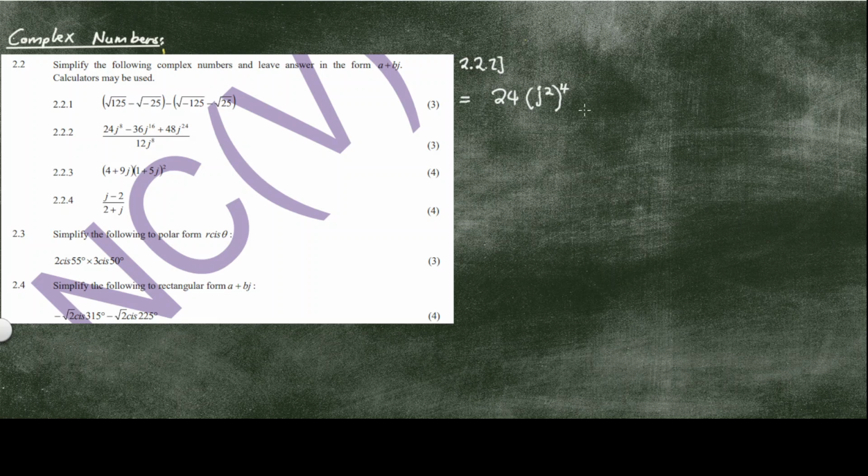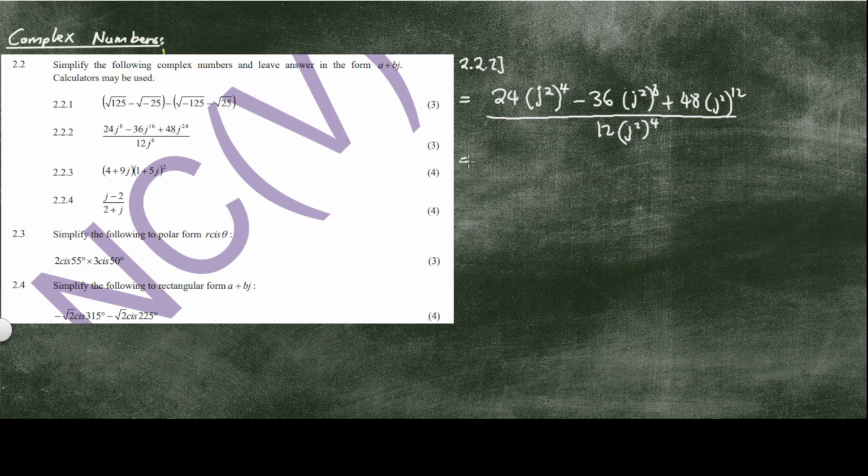I'm going to have a 4 minus 36, and then it's j. I'm going to raise it to a square, and then outside the bracket I'm going to have an 8 plus 48, and then a j raised to exponent 12 over 12 j raised to exponent 2. Outside the bracket I'm going to have a 4.